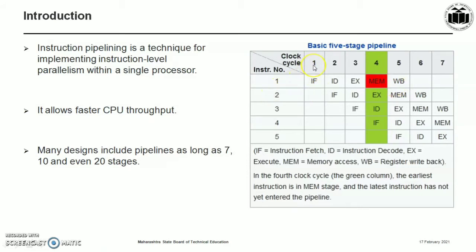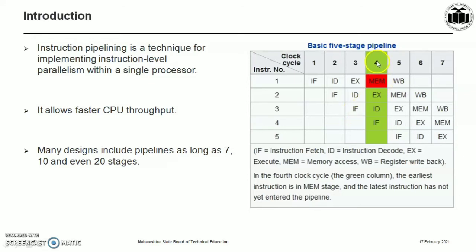In the first clock cycle, the first instruction will get fetched. In the second clock cycle, the first instruction comes into a decoding state. At the same time, the second instruction gets fetched. In the third clock cycle, the first instruction comes into an execution state, the second instruction comes into a decoding state, and at the same time, the third instruction gets fetched.